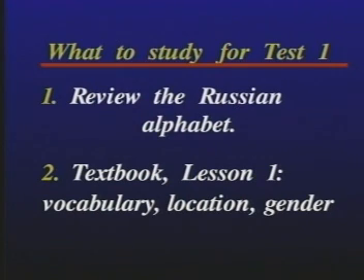You have to know every letter in the Russian alphabet in its printed and in its cursive form. And also in your textbook, very thoroughly, read lesson number 1. And concentrate your attention on vocabulary, location, and gender. Because these are the concepts that you will be working with on test number 1.